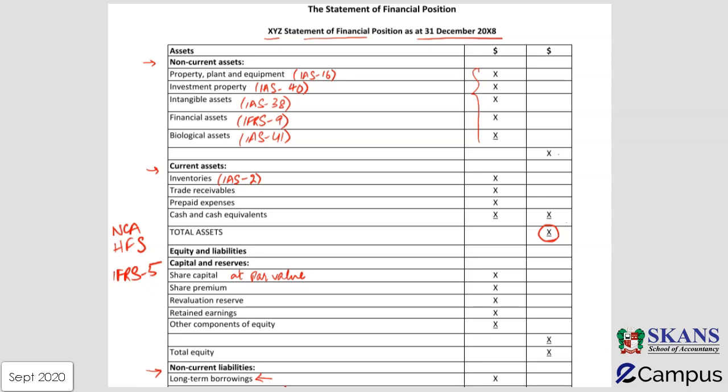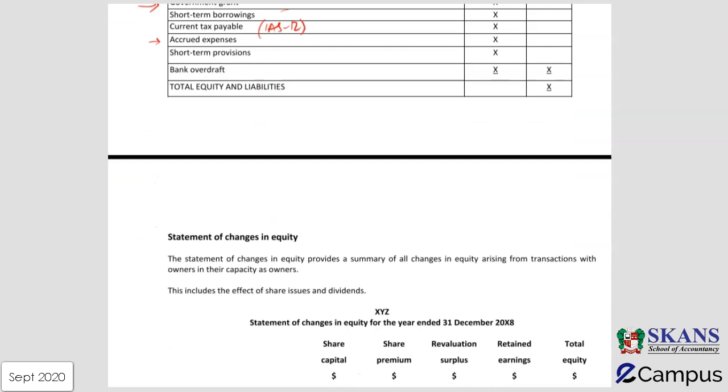So these can also be shown in current assets. This depends upon whether the company is applying the criteria for IFRS 5 or not. The rules of this you will study in detail in IFRS 5. So this is all with our statement of financial position.